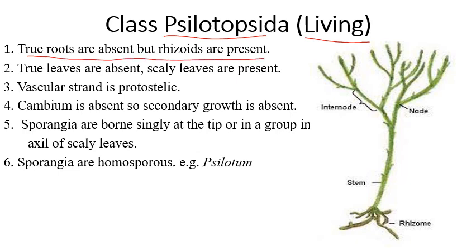Here you can see the rhizomes, and these rhizomes will have small rhizoids. There is absence of roots. True leaves are absent, scaly leaves are present. Here you can see minute appendages attached to the stem, and these are scale leaves.